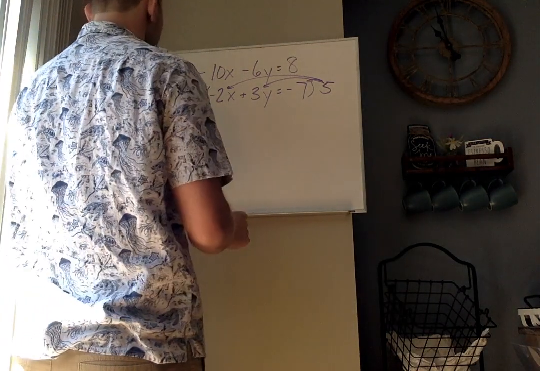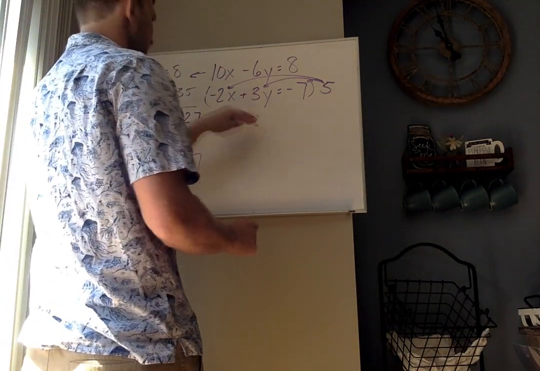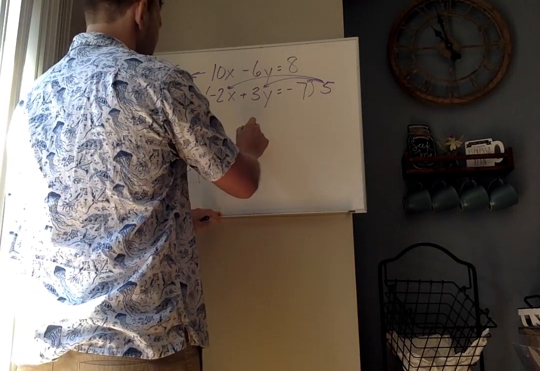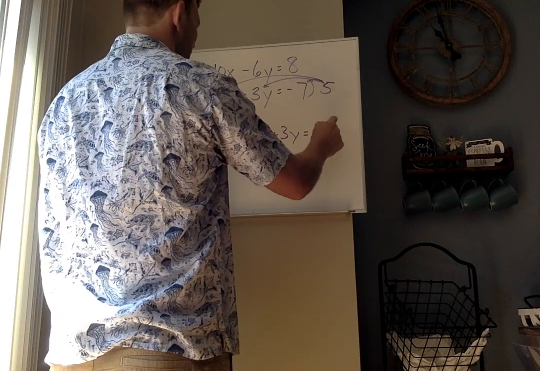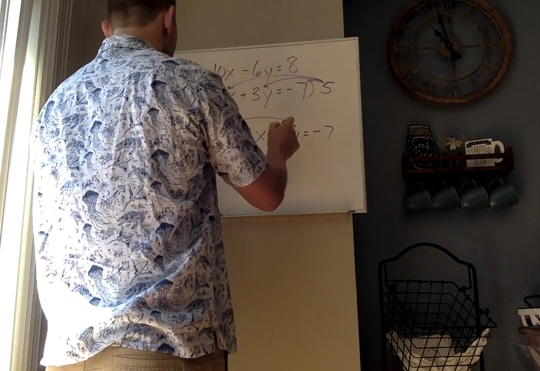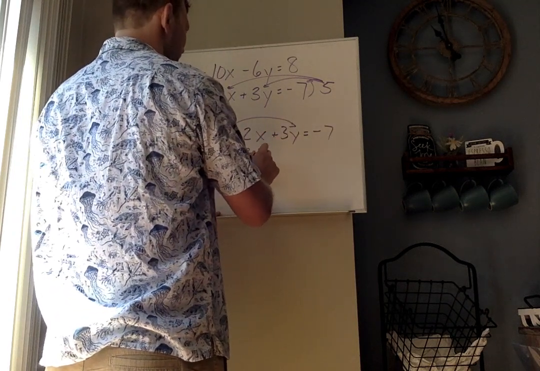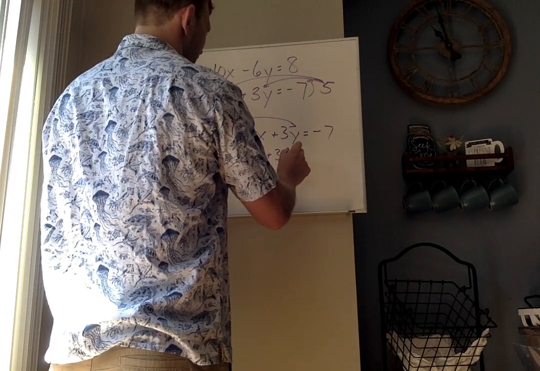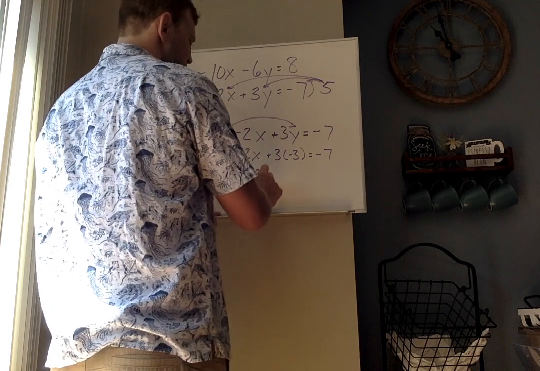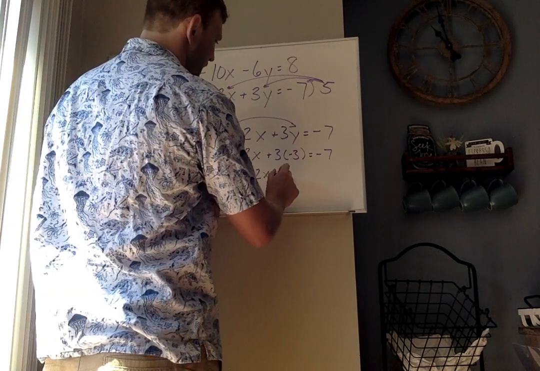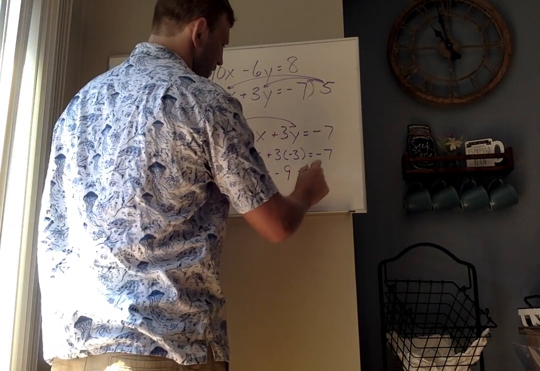Now I'm going to pick an equation. I like the bottom one here. So I have negative 2x plus 3y equals negative 7. I'm going to substitute in negative 3 for y, so negative 2x plus 3 times negative 3 equals negative 7. Now I'm going to simplify, so I have negative 2x minus 9 equals negative 7.